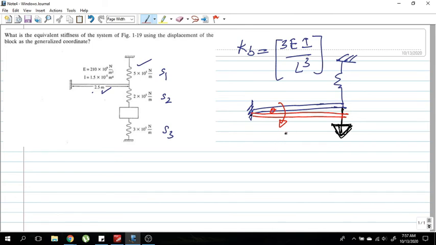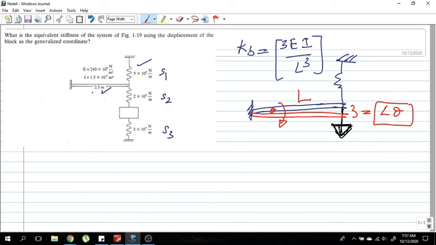So what is the deflection of the beam at this free end? The deflection of this beam at the free end would be L into theta, because theta is very small. That is the deflection of the beam at the free end.